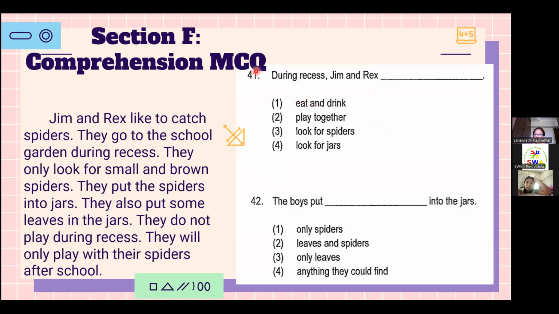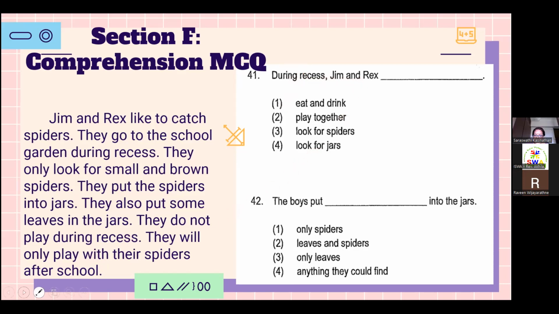All right. Number 41, who would like to go? Teacher, can I? Name, please. Ravin. Okay, go. Jim and Rex look for spiders.